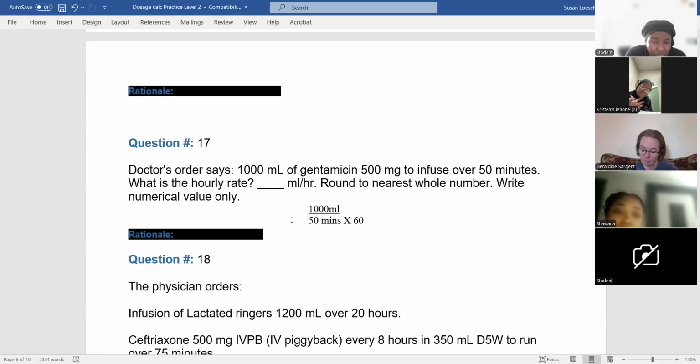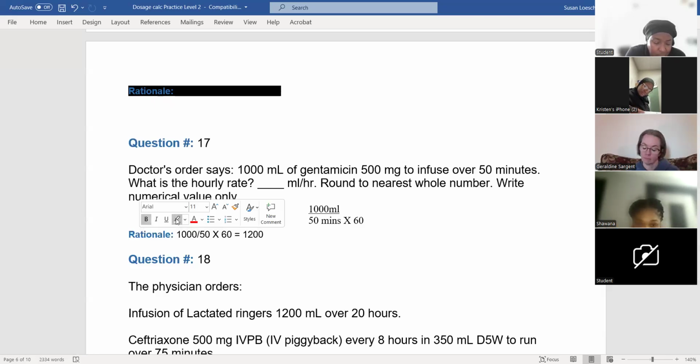So that means I'm going to have more volume going in order to get it in that shorter amount of time. There are other ways you can do that problem. This is the simplest.